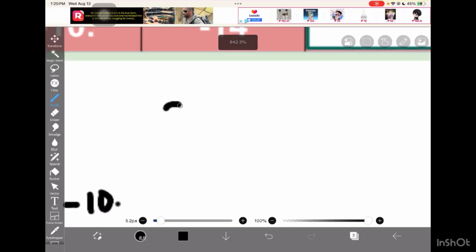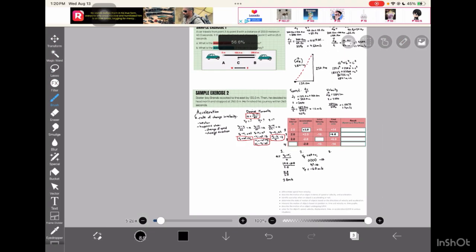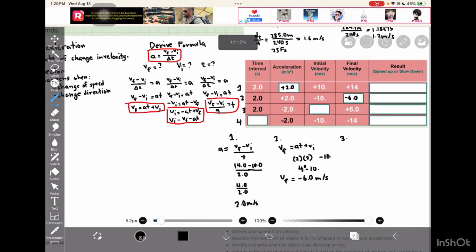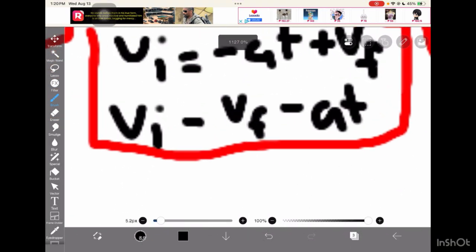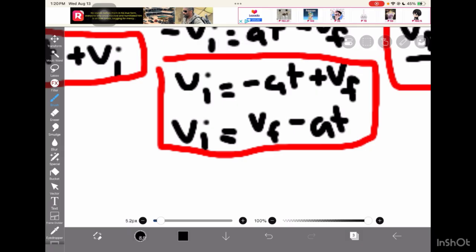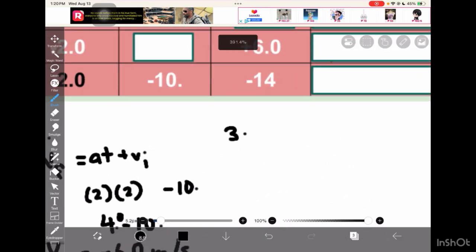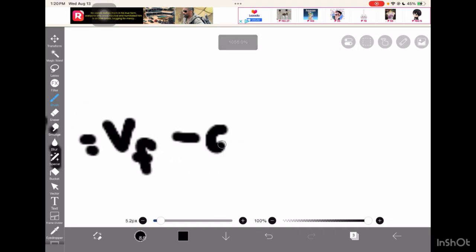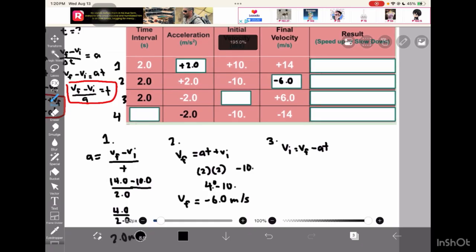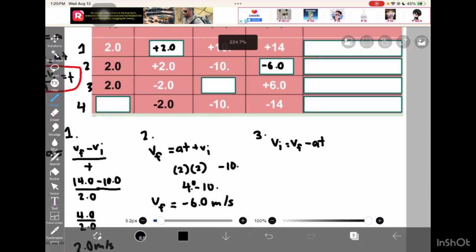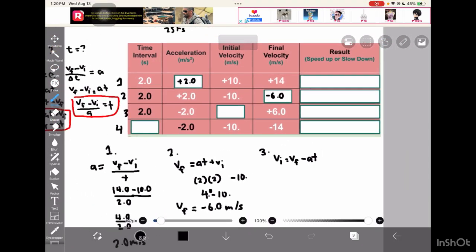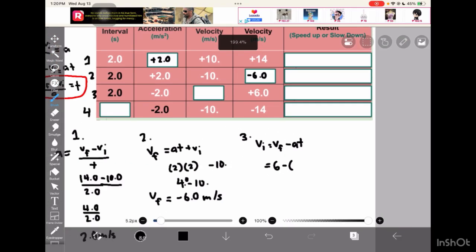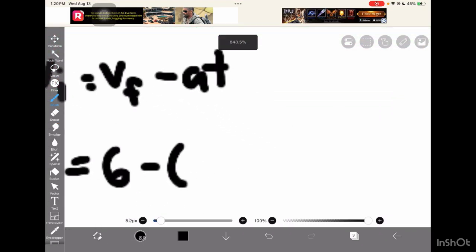Next is number 3. In number 3, we have initial velocity missing. So we're gonna use the second one. V sub I is equal to v sub f minus at. So we have v sub f final is 6 minus, what's the time? 2.